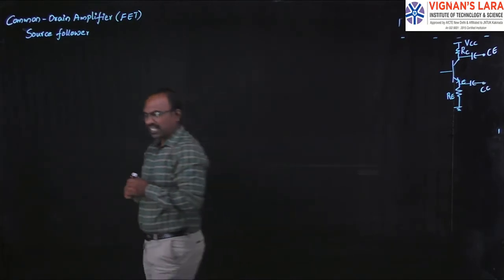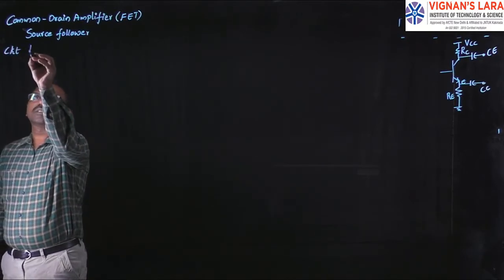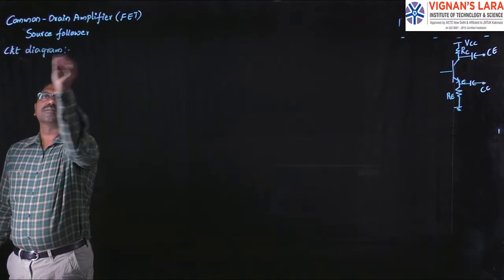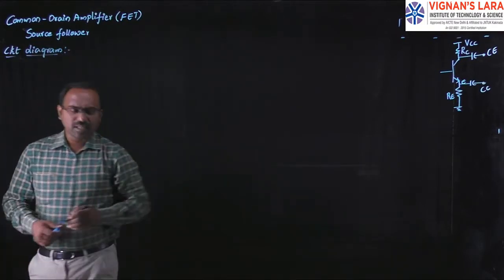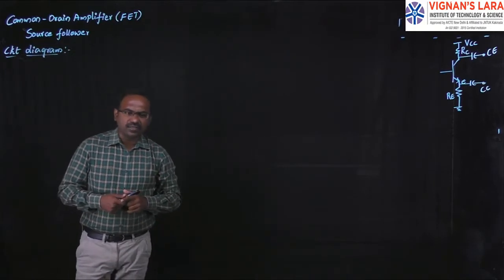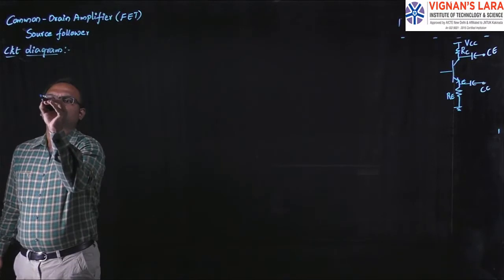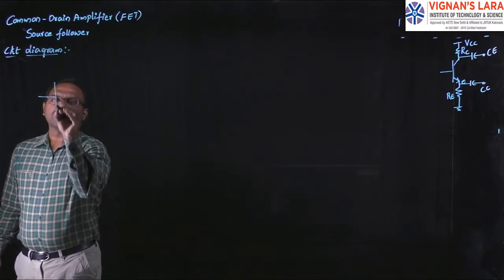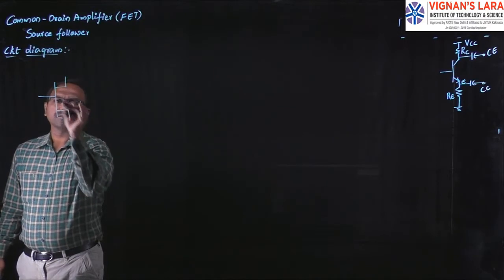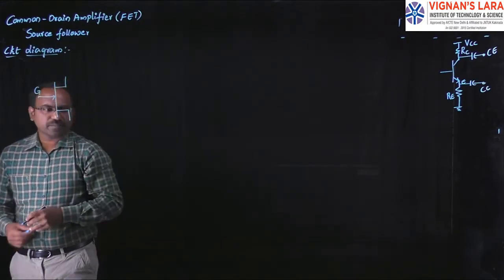So take the circuit diagram. Circuit diagram for the amplifier is like this. Here I am drawing this for an N-channel FET. I'm using an N-channel FET. The gate terminal, right?